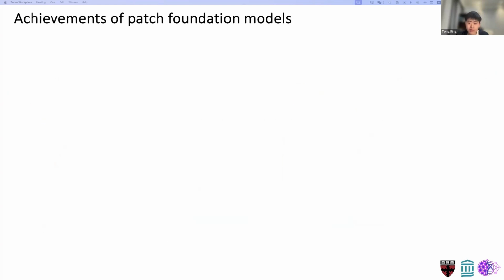Given the slide-level nature of pathology images, we wanted to question whether the current patch-level foundation models are really foundation models for pathology. On the one hand, they indeed achieve substantial improvements compared to out-of-domain trained models like ResNet-50, for example.